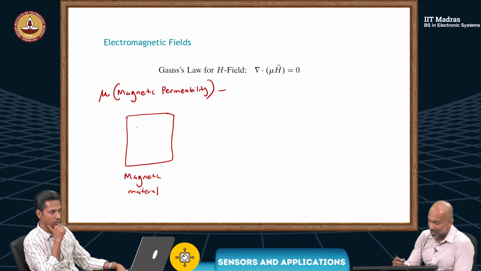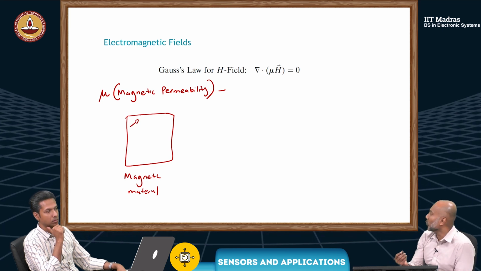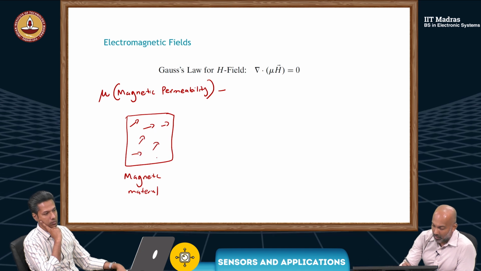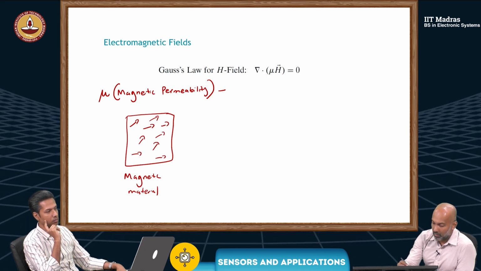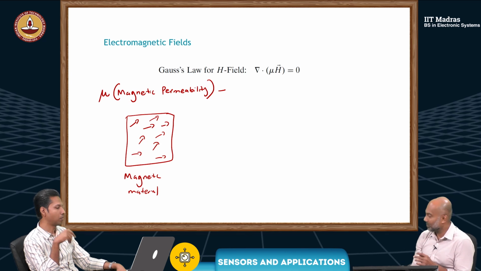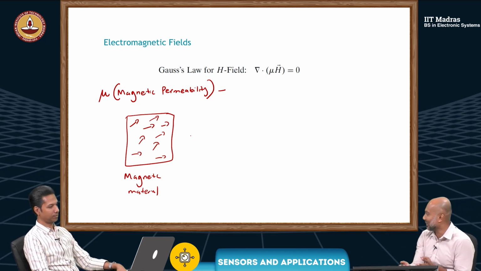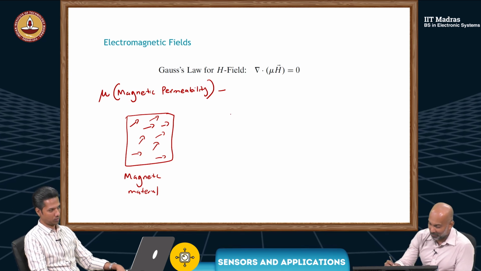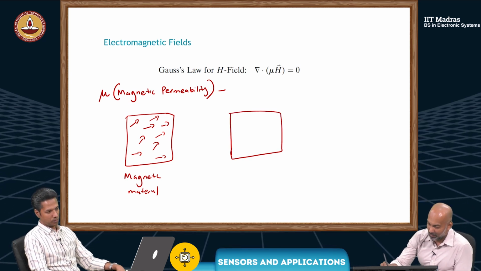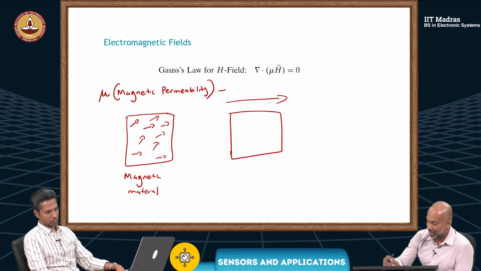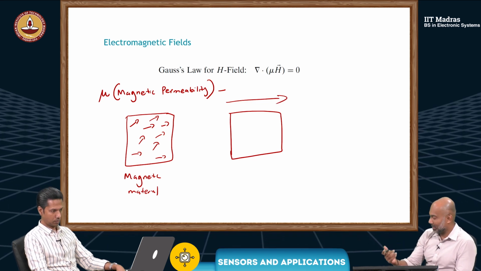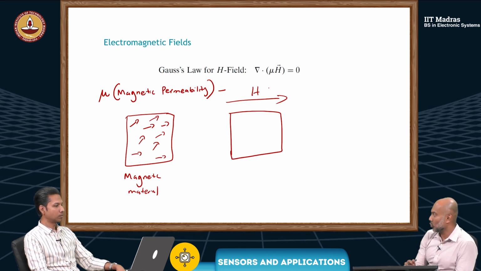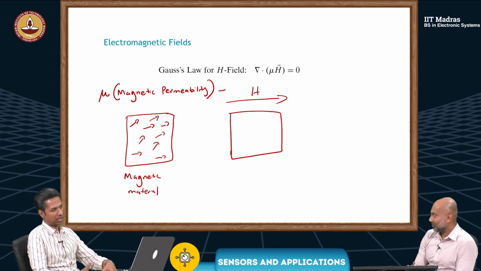These are what we call domains. Generally, when there's no external magnetic field, they point in random directions. Now, what happens when you apply an external magnetic field in this direction? What's going to happen to these domains? Maybe some of them will get aligned.